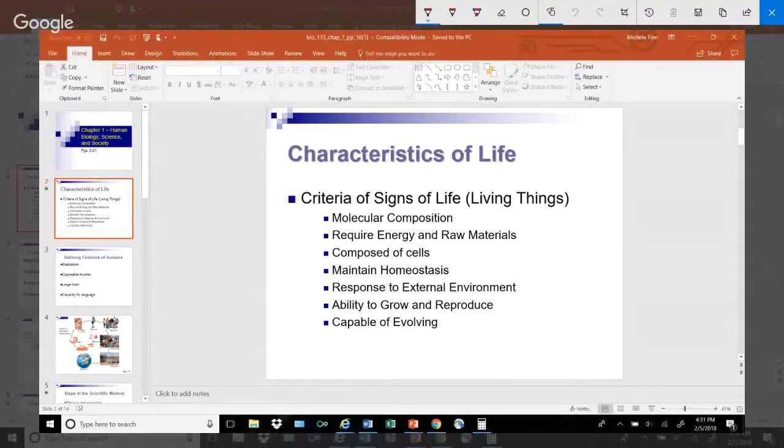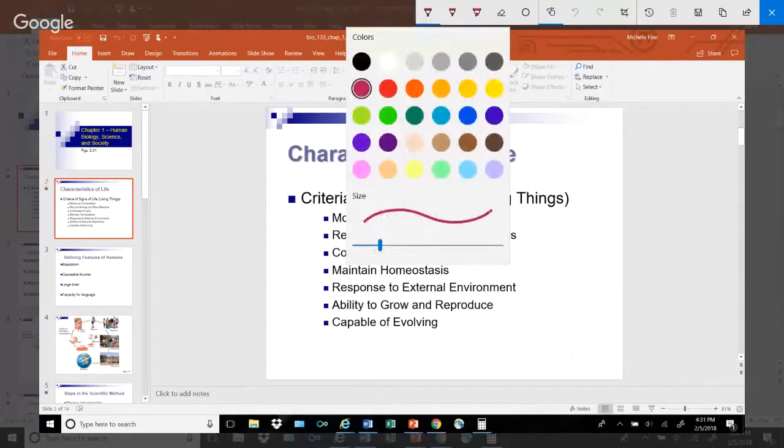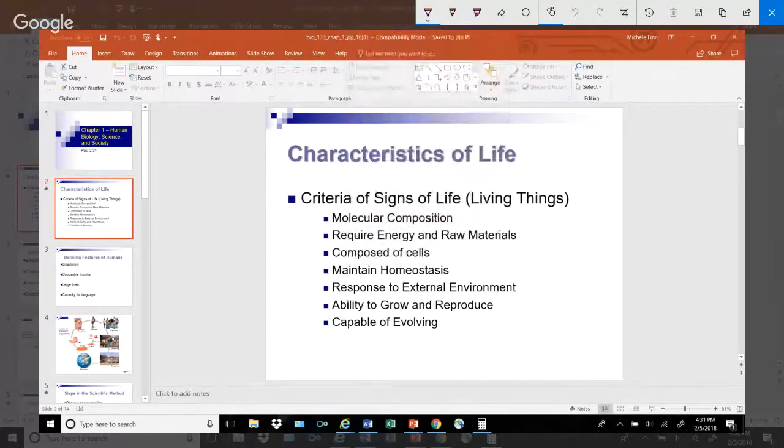And so if you looked at a rock versus an animal or a human like us, you would see these 7 things. We're composed of molecules. And we talked about the biomolecules or the organic macromolecules that we identified in chapter 2: carbs, lipids, proteins, and nucleic acids.